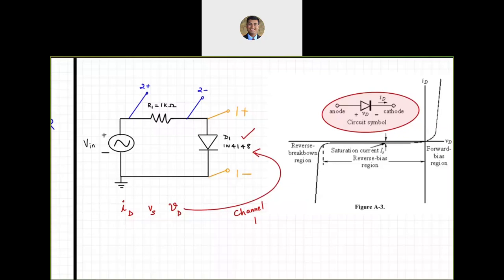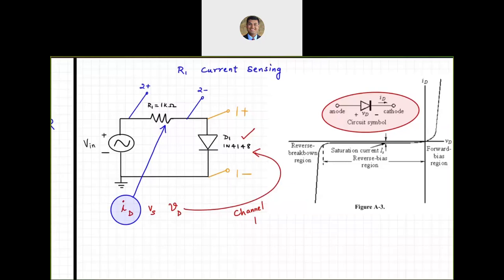To measure the current through the diode, we have used a current sensing resistor, R1. The use of R1 in this circuit is for current sensing, because it tells us how much current flows through the diode.